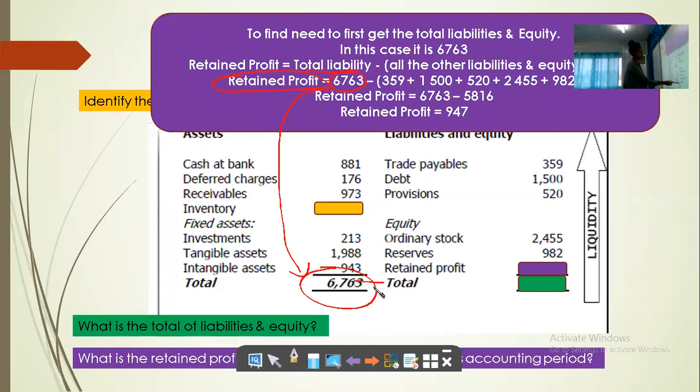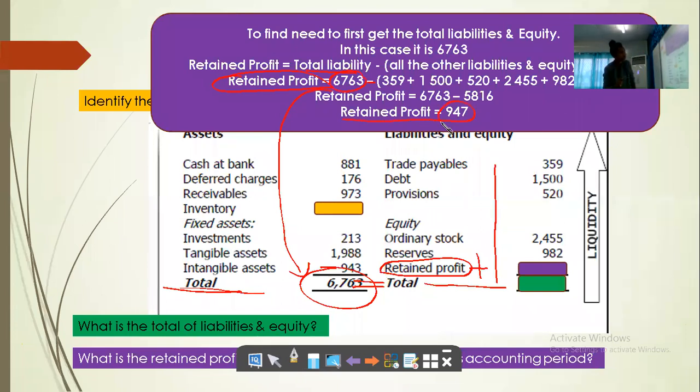Whatever is here will equal out with whatever's there. So minus all of the items here, the total of all these items except the retained profit. So what is the retained profit value? It is 947. Well done.